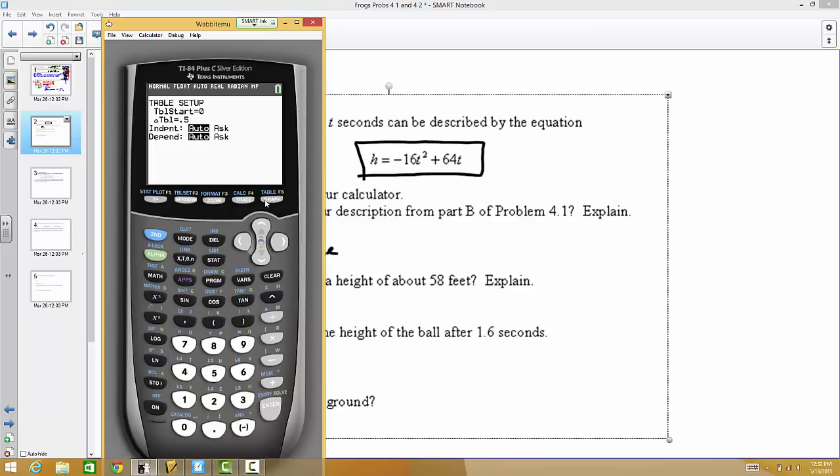So now if you go to second graph, you'll go back to your table. So see how it's going up by 0.5s? And it's pretty close to 1.5 and 2.5. So maybe we could make it 1.4-ish. If you want to be even more precise, you can go back to table set, and instead of going up by 0.5, you could go up by 0.1. We'll see if we can be even more precise.